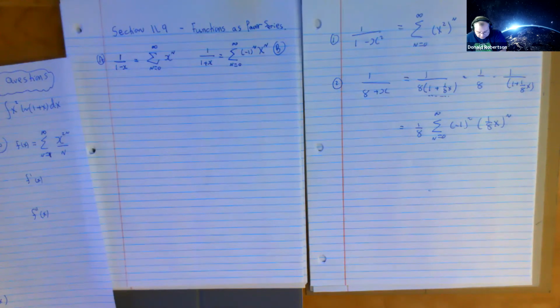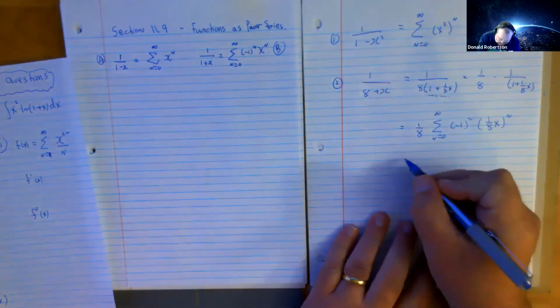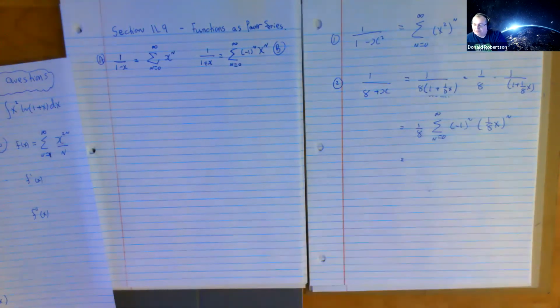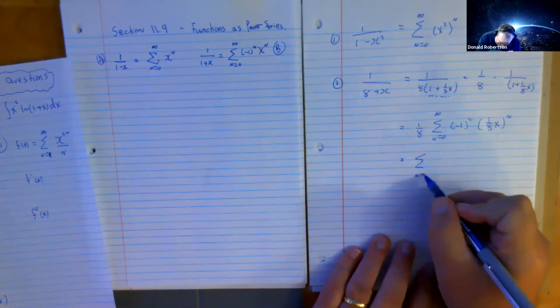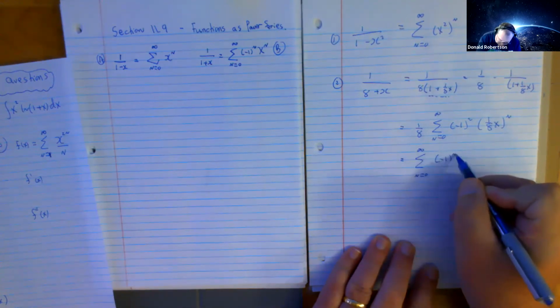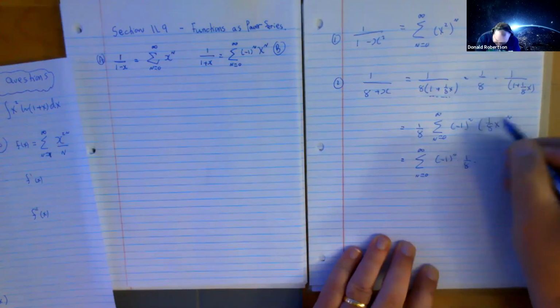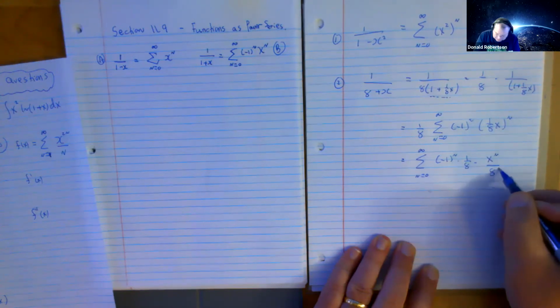Now for the next few lines, all I'm going to do is make this look pretty. Can I take this 1/8 and bring it inside the sigma? Is that allowed? Right, so I'll do that. Do you know this fella here can be written as that fella?